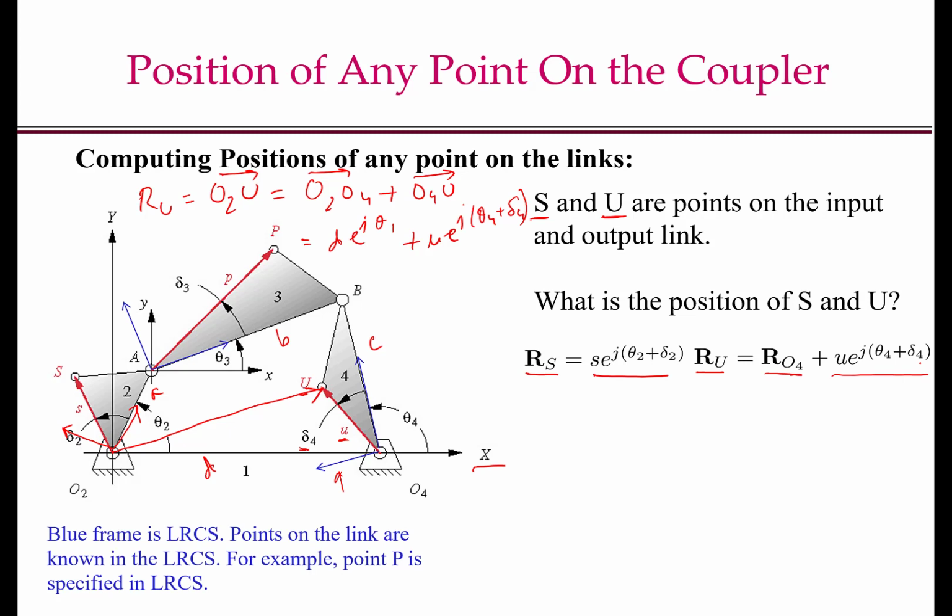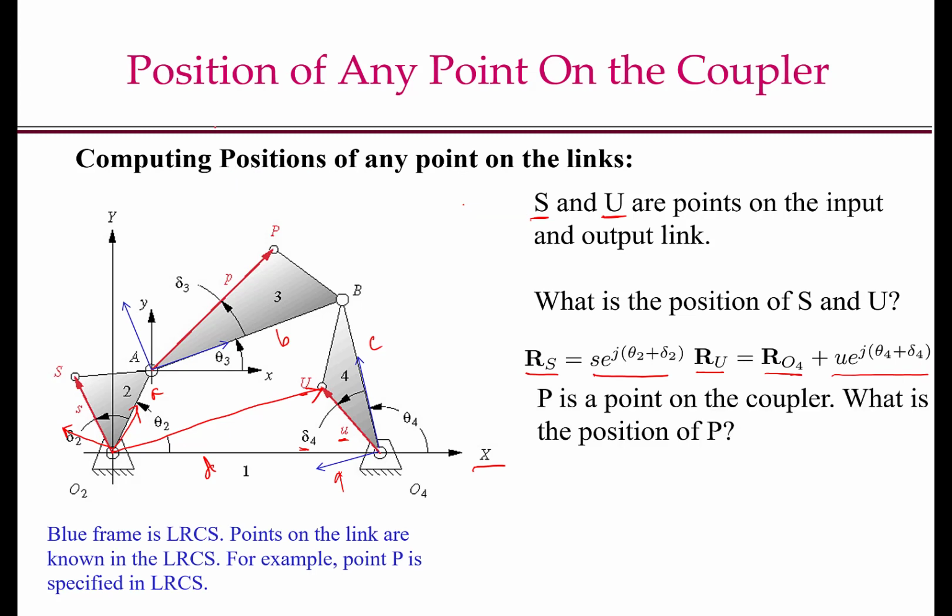Now let us look at the coupler. P is a point on the coupler. Again, the locally rotating coordinate system is shown in blue here, and we know the length of the vector AP and the angle delta 3 that the vector AP makes with the x-axis of the LRCS.